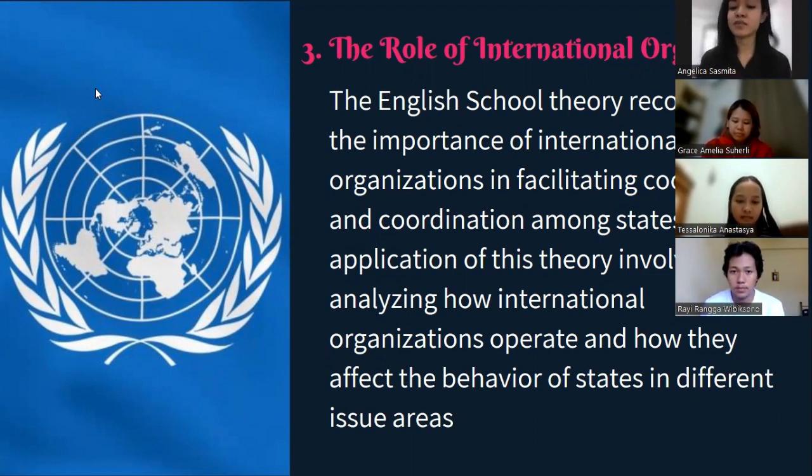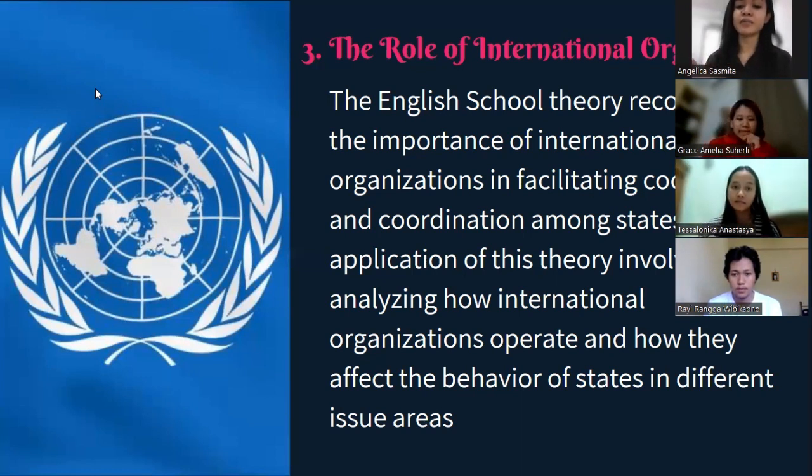The application of this theory involves analyzing how international organizations operate and how they affect the behavior of states in different issue areas. Like for example, the EU, ASEAN, and how these international organizations can affect the behavior of the states in the international organization itself.